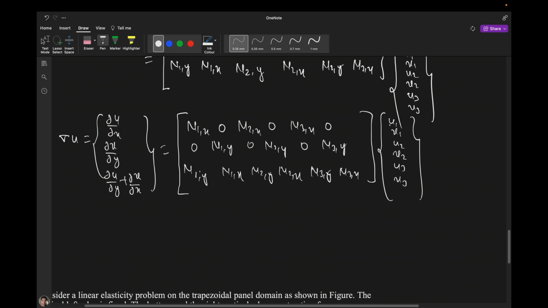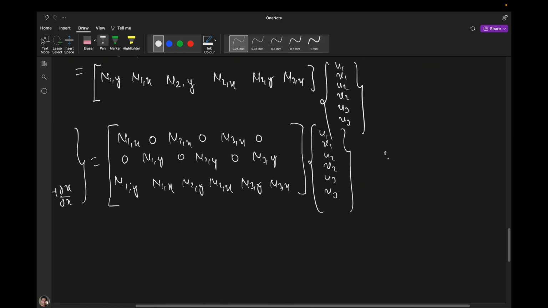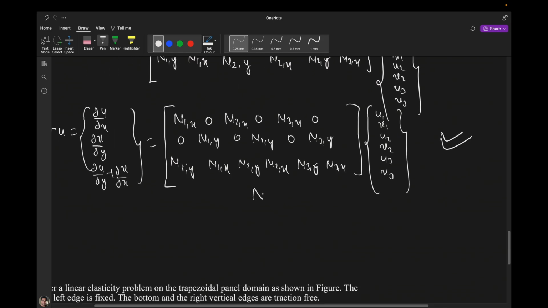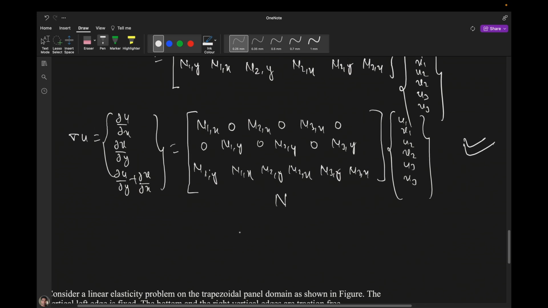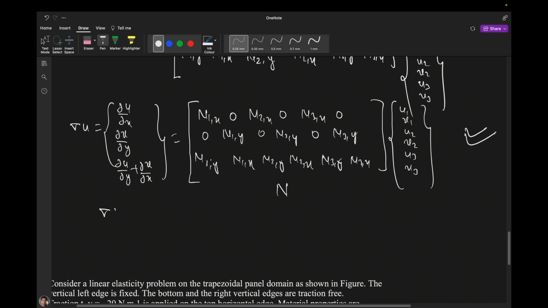Now we got delta u. This thing is very important, and this is the stiffness matrix. So now I can write delta u in terms of this.